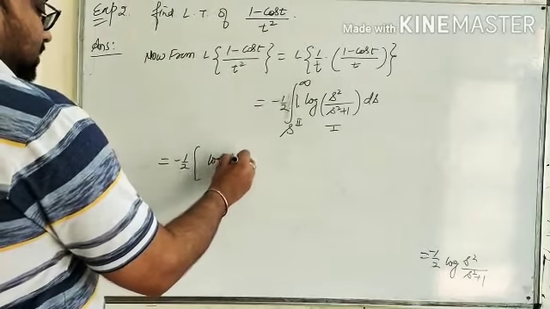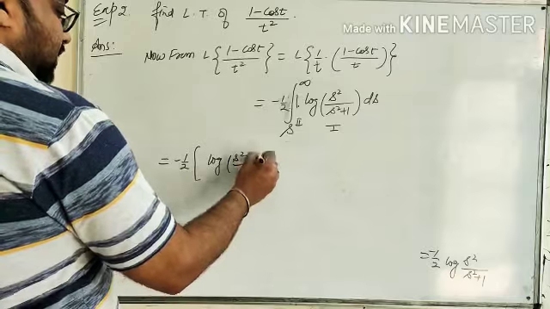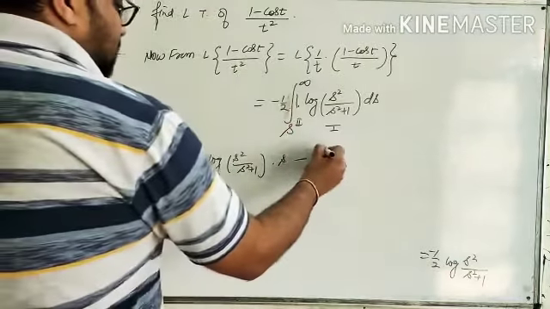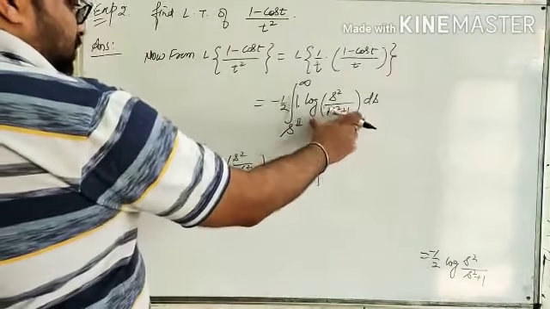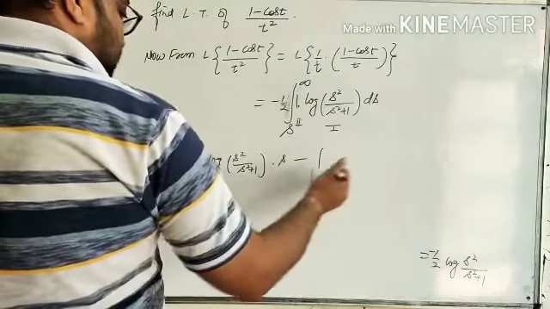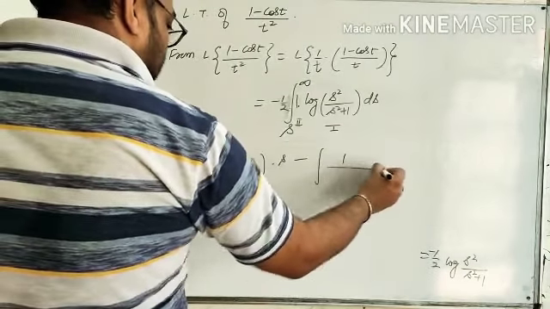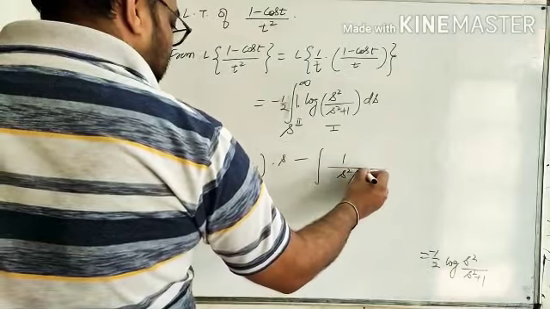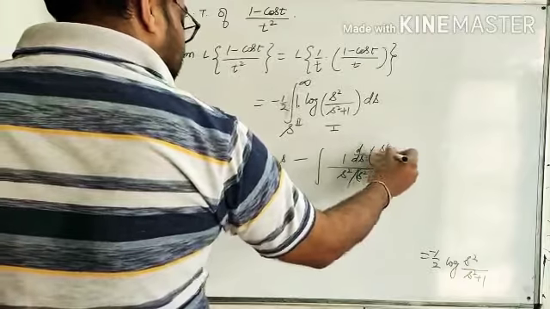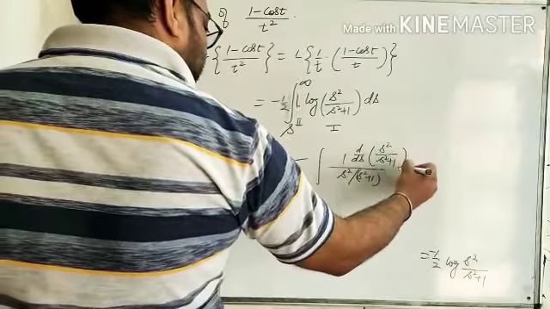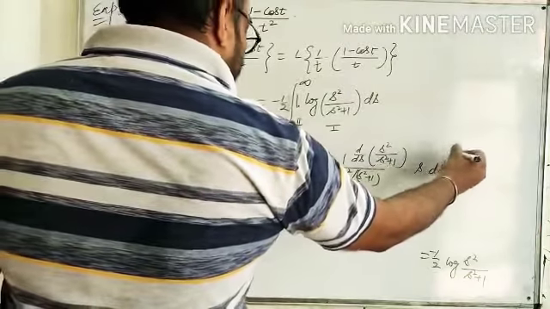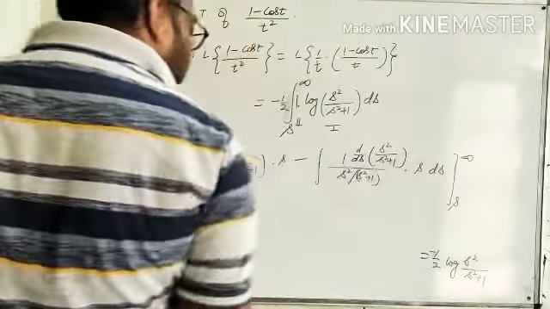First function as it is, integration of second, that is integration of 1, and the integration of 1 is s, minus the integral of the differentiation of this particular function log of s square upon (s square plus 1), which is 1 upon s square plus 1 into d upon ds of s square upon (s square plus 1), into the integration of 1, that is s, whole ds, limit s to infinity.